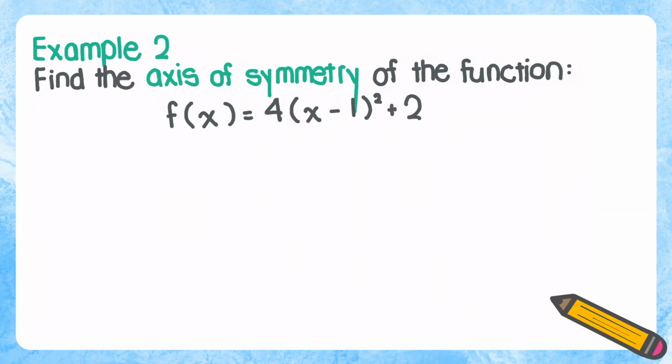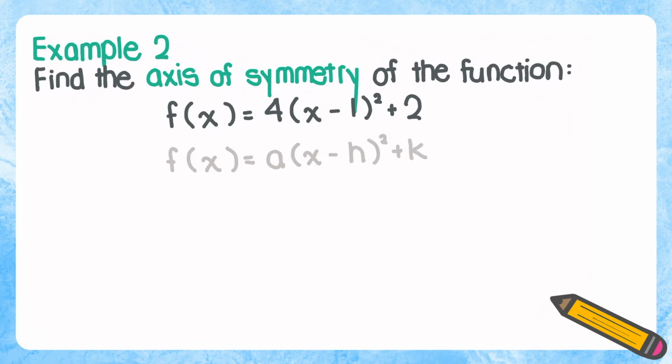Let's find the axis of symmetry for this function. F of x equals 4 times x minus 1 quantity squared plus 2. First, let's write the general vertex form so that we can see if we have an exact match. F of x equals a times x minus h quantity squared plus k.